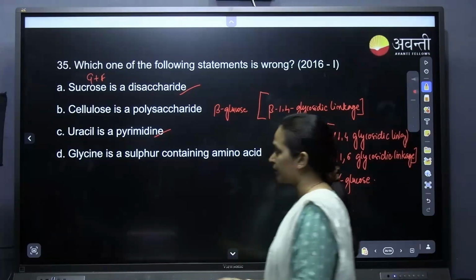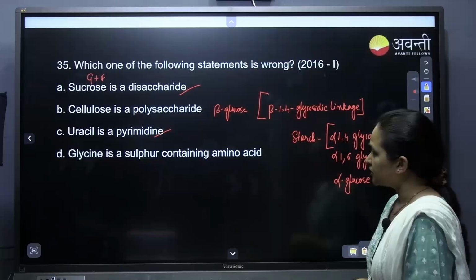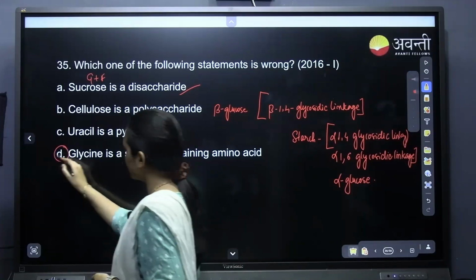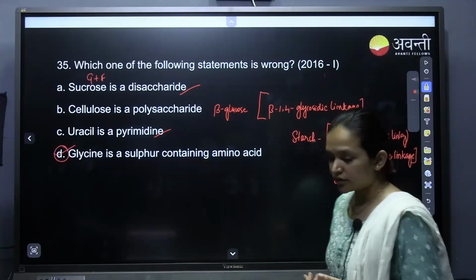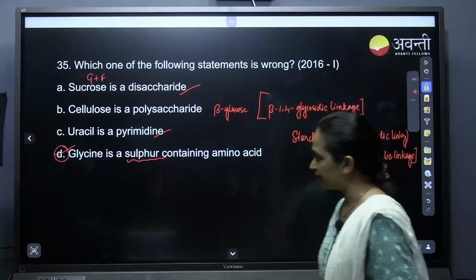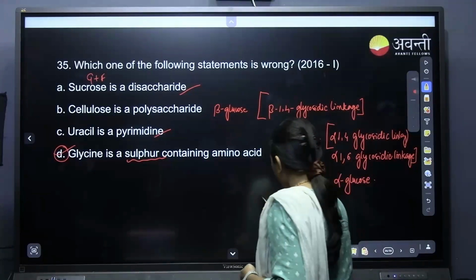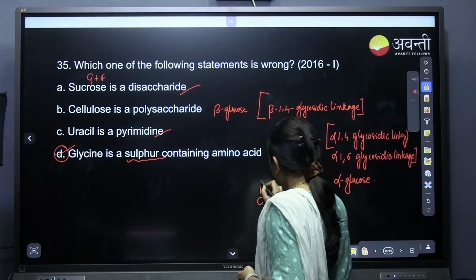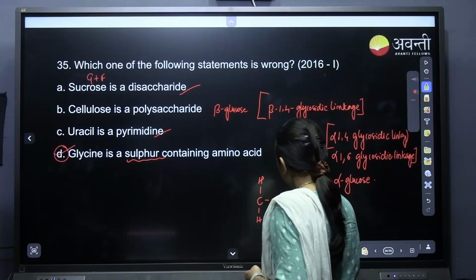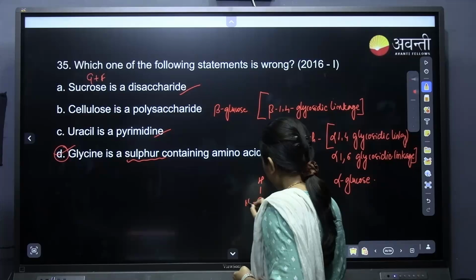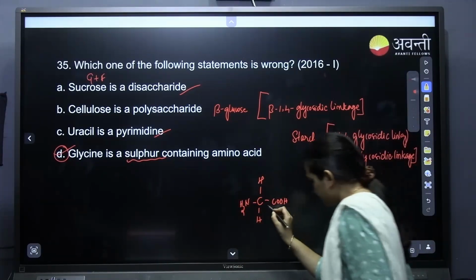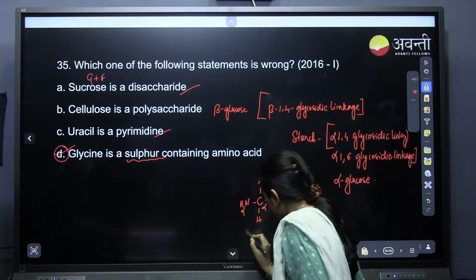Yes, it's a pyrimidine. Glycine is a sulfur containing amino acid? No, it's not a sulfur containing amino acid. What is glycine actually? Glycine has a very simple structure. This is glycine, with OH and NH2. This is the alpha carbon.